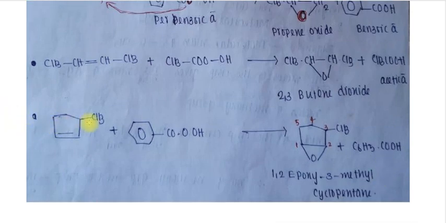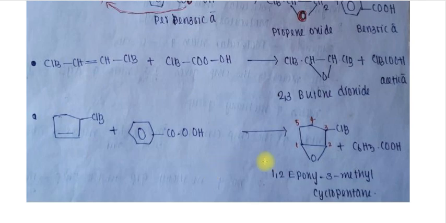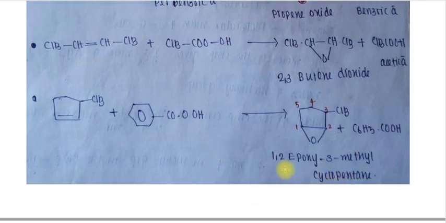Again, this is another compound when treated with perbenzoic acid. What will happen? 1,2-epoxy 3-methyl cyclopentane is formed.